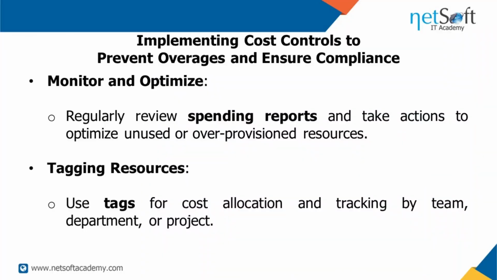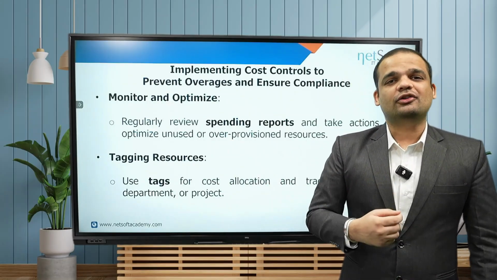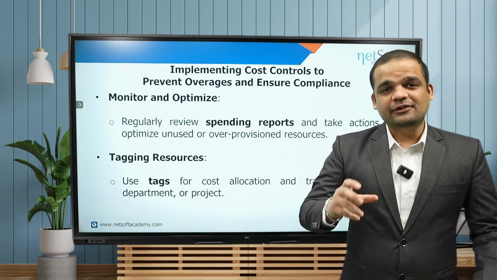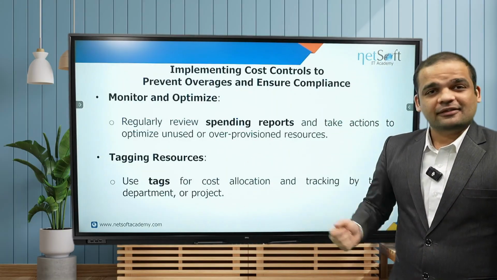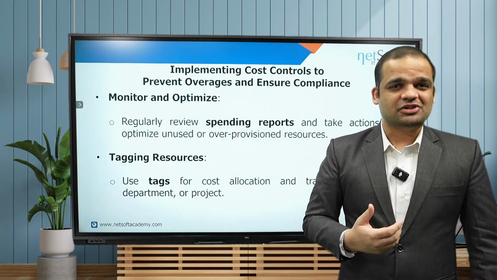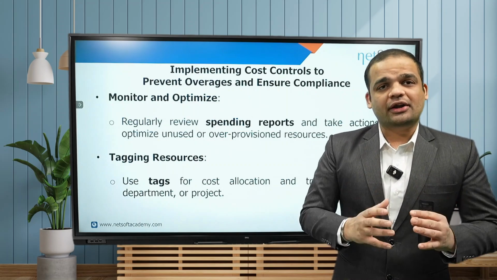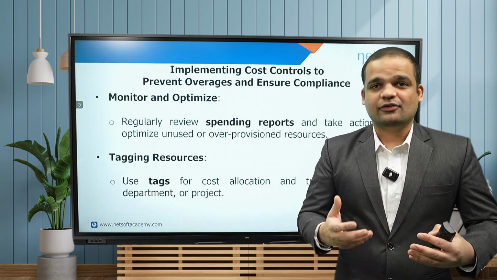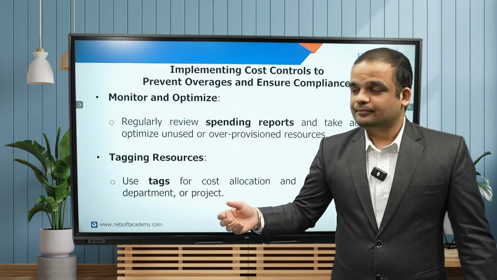And then you have to monitor and optimize regularly. It's an ongoing process. Here, you or your other colleagues at the same privilege level keep an eye on those cost reports and tweak the resources as needed. Plus, for good or effective filtration, tag your resources. Well, you should organize your spending by tagging resources based on teams or departments or projects.